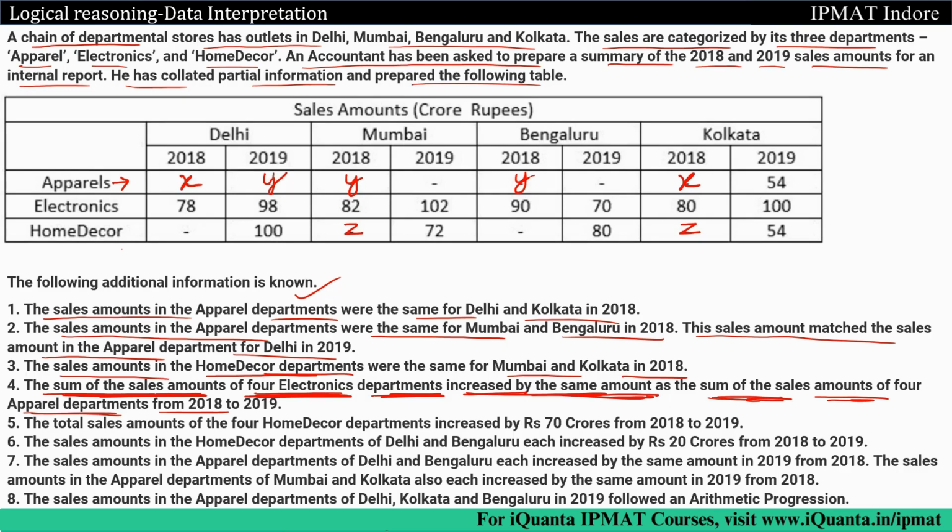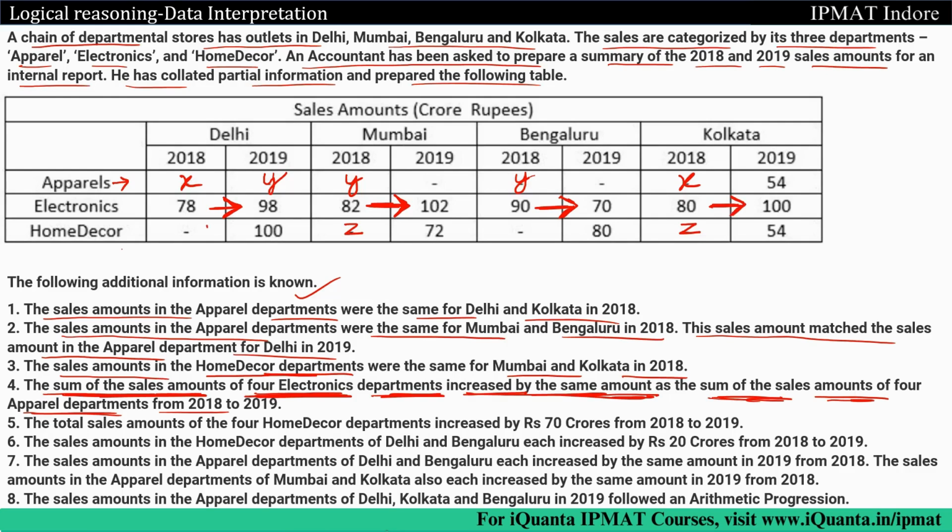If we look at the increase in the electronic departments in these 4 cities from 18 to 19, this increased by 20, right? 78 to 98. Then again 82 to 102, this is again an increase of 20. Then here 90 to 70, that means a decrease of 20. And then in Kolkata, it is 80 to 100 from 18 to 19, so again an increase of 20.